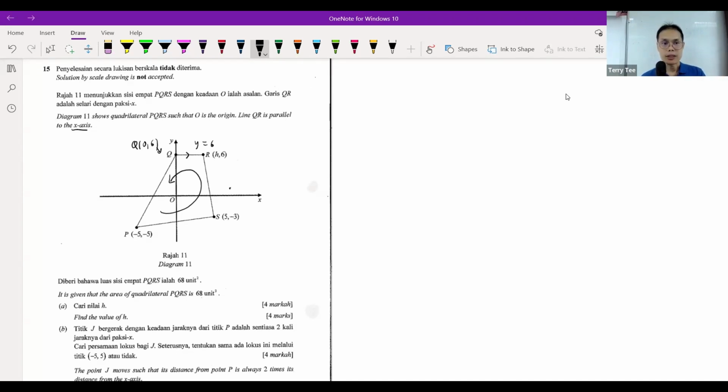So now let's begin. First of all, we know Q is 0, 6. So the area will be half. Let's start with point P, x1, y1, -5, -5, x2, y2, 5, -3, h, 6, followed by Q which is 0, 6, and this area will be 68.